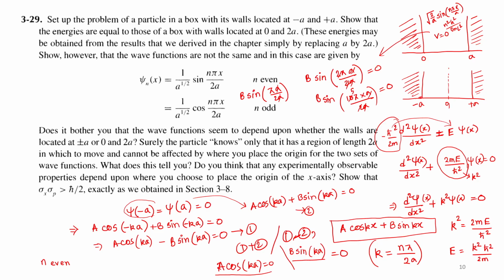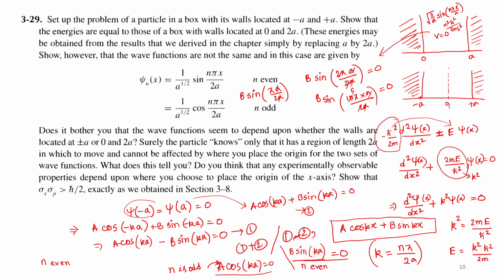So k equal to n pi by 2a is a general solution for this equation when n is even. And the same thing you are going to see when n is odd, then a cos ka is going to be 0. Priyanka, did you get my point?